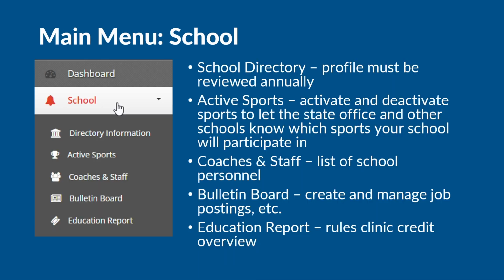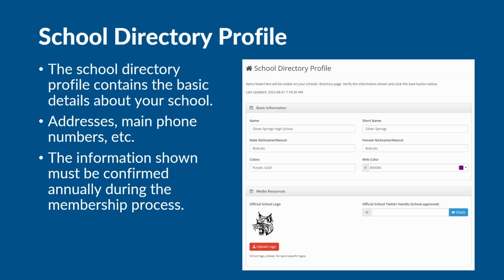Next, we'll start at the top of the main menu and work our way down. The first option is School. Under School, there are a handful of options shown: School Directory, Active Sports, Coaches and Staff, Bulletin Board, and Education Report. When you click on the first option, Directory Information, that will take you to the School Directory profile.